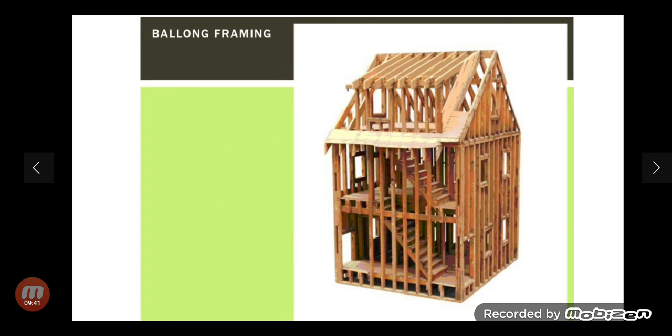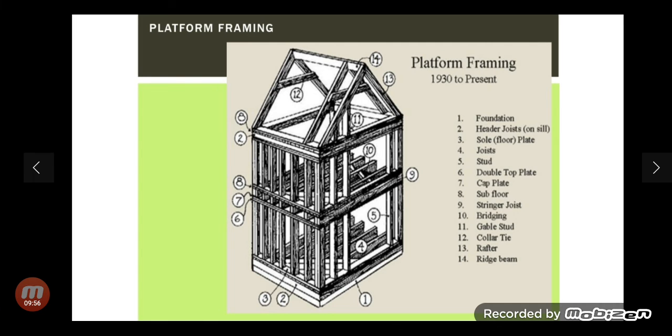This is balloon framing. You can see here wooden studs and ties. This is platform framing, which has been used from 1930 to the present. So here you can see foundation, header joist, floor plate, joist, stud, and so on.